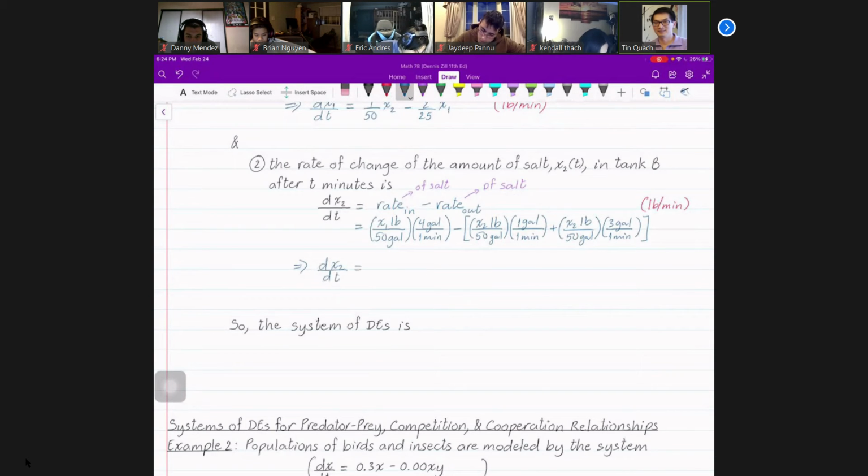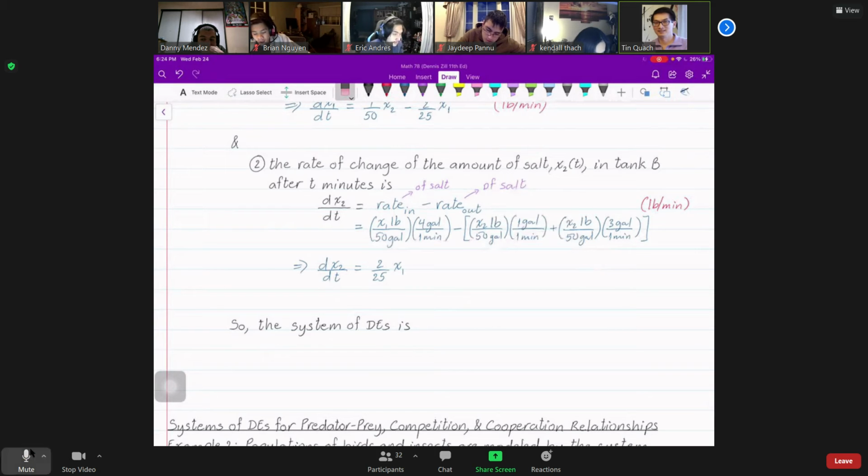If you simplify, you get 2 over 25 x sub 1, minus what do you have over here? That's 1 over 50 x sub 2 plus 3 over 50 x sub 2. So 1 over 50 plus 3 over 50 is 4 over 50, right? So 4 over 50 is what? 2 over 25.